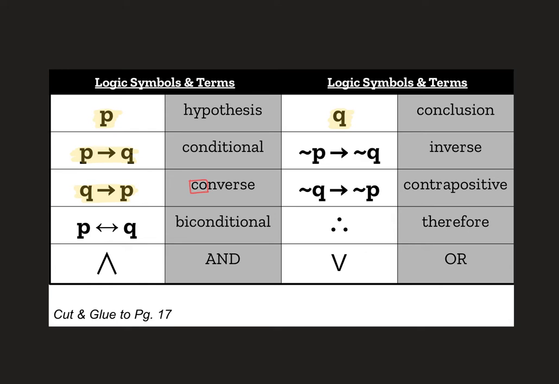Inverse is opposite of P to opposite of Q, and contrapositive opposite Q to opposite P. And then we also have our biconditional, which just came from our conditional being true, converse being true. If both of those happened, we had a valid biconditional.